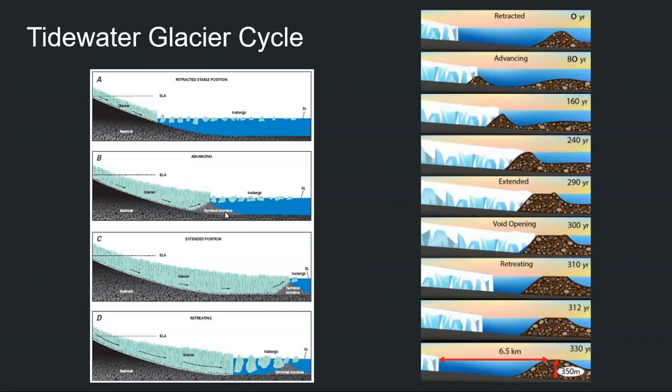And that's because the terminal moraine is raising the seafloor level. So the advancing part of the glacier is creating a terminal moraine that protects it from deeper waters.